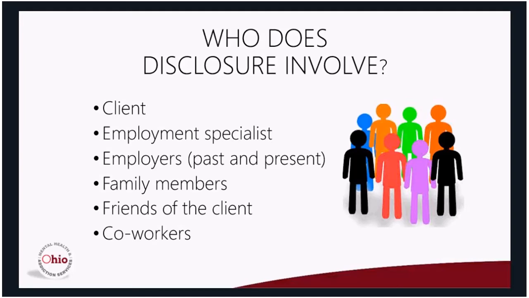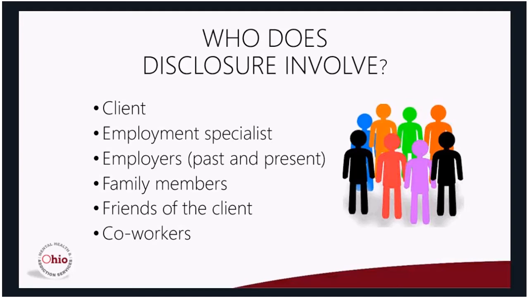For example, the client may want the employment specialist to be with him or her and to see a potential employer together. In this case, having a clear plan and doing some role plays will be very helpful for both the client and the employment specialist.